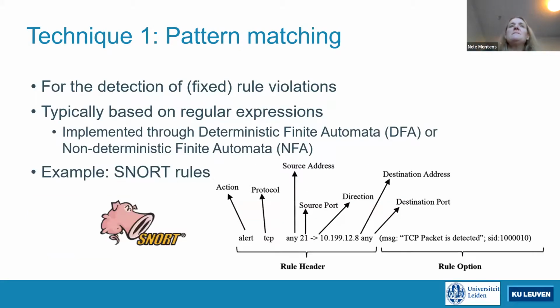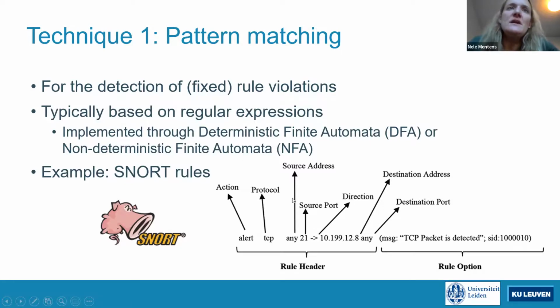If you look at the first technique, pattern matching is used for the detection of fixed rule violations. These rules are typically based on regular expressions, for example, like the Snort rules. So these rules look at the packet and check certain fields and see if some rules are violated. This can be implemented through deterministic finite automata or non-deterministic automata.